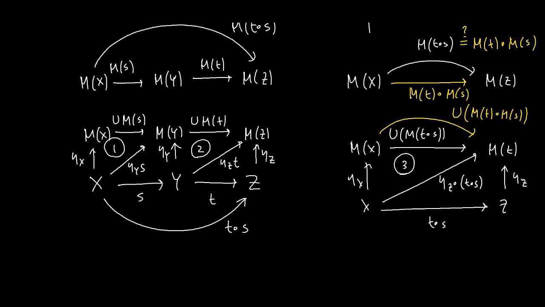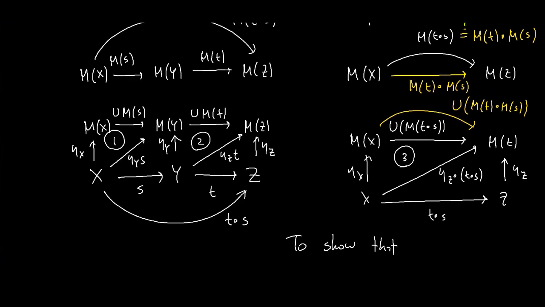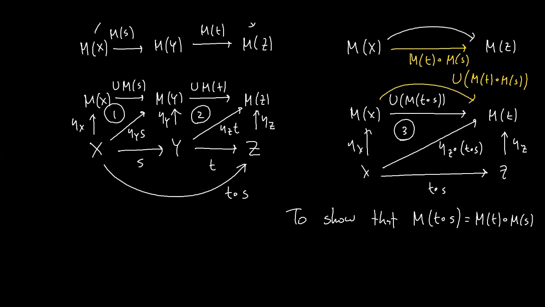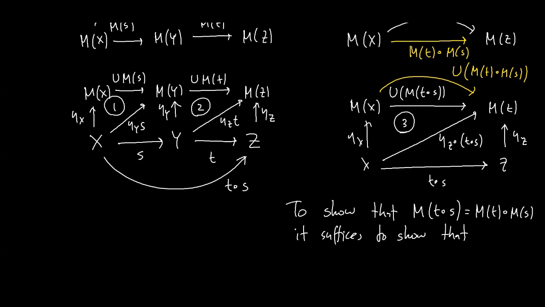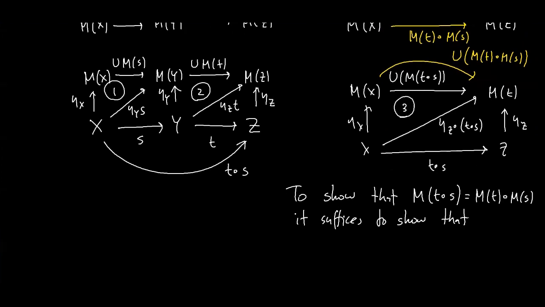So what I'm trying to say is that to show that M of T composed with S equals M of T composed with M of S, it is sufficient to show that triangle number 3 commutes.